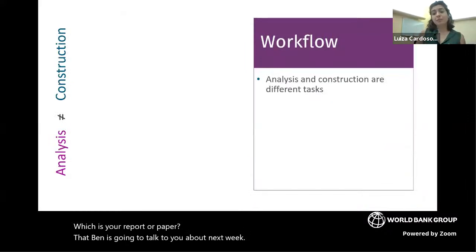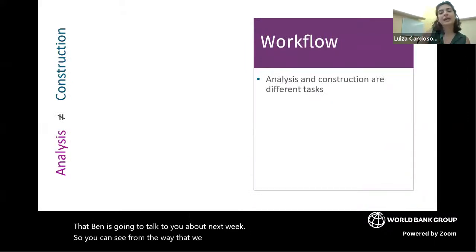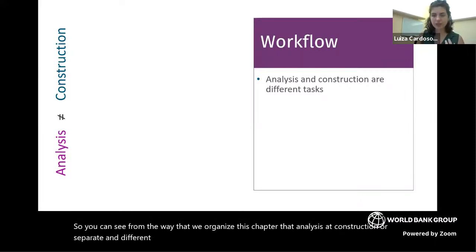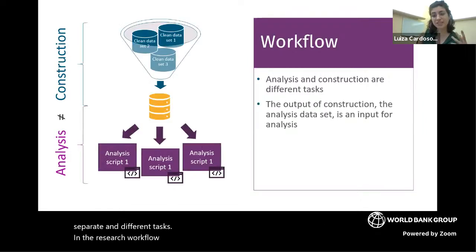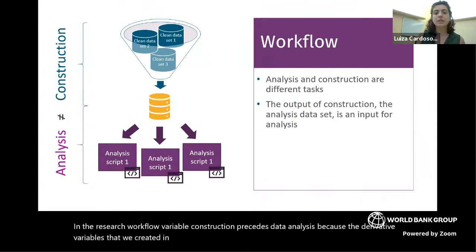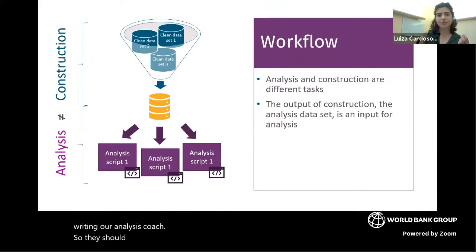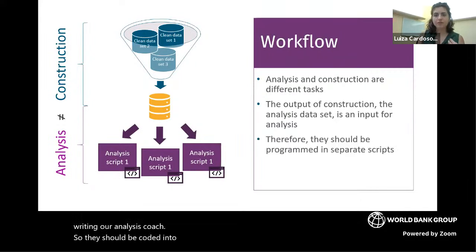You can see from the way that we organize this chapter that analysis and construction are separate and different tasks. In the research workflow, variable construction precedes data analysis because the derivative variables that we created in the analysis dataset need to be there before we can start writing our analysis code. So they should be coded into separate scripts to make sure that the indicators are consistent.